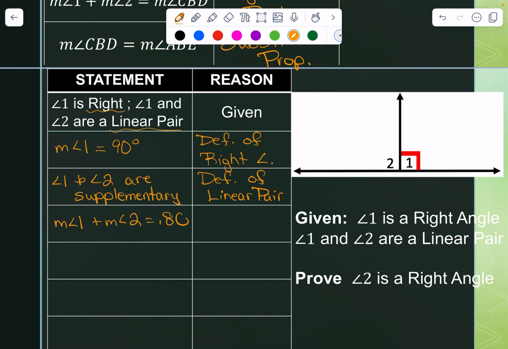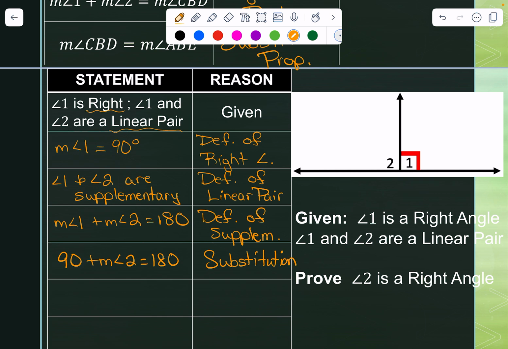Then at that point, if I know they're supplementary, I know the measure of angle 1 plus the measure of angle 2 equals 180 degrees. That is based off the definition of supplementary. And then at that point, I can substitute in. So I know angle 1 was 90. Okay, and that is substitution.